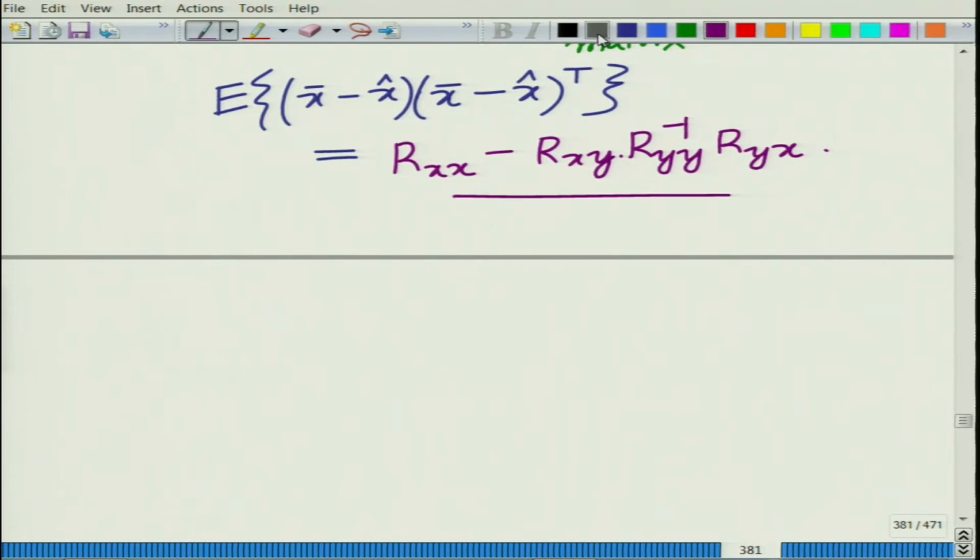Okay. So, this is your LMMSE error covariance matrix.